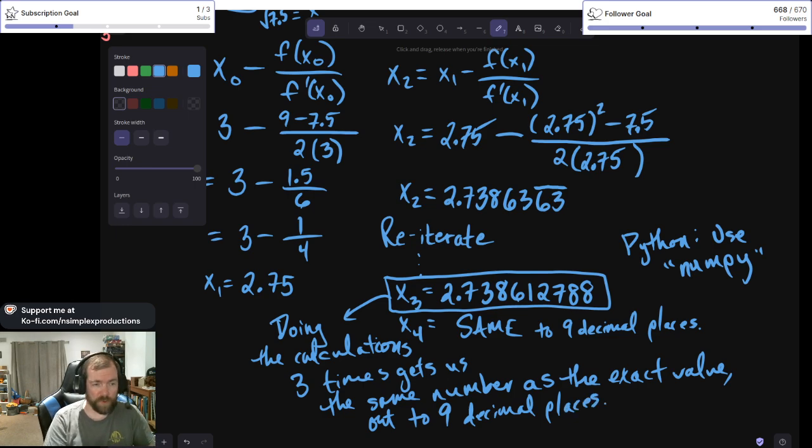And doing it twice got us the same number out to here. So 4 decimal places of accuracy plus the 1 number out front.